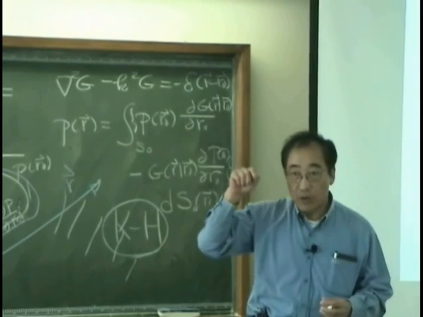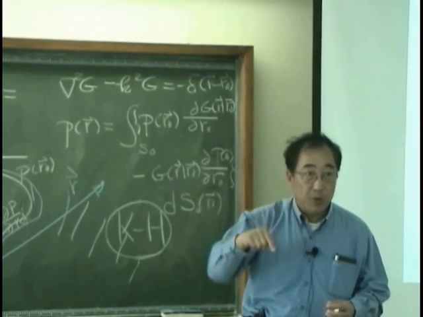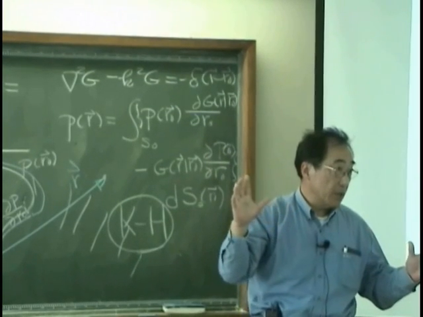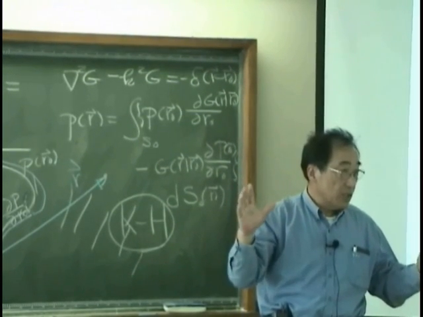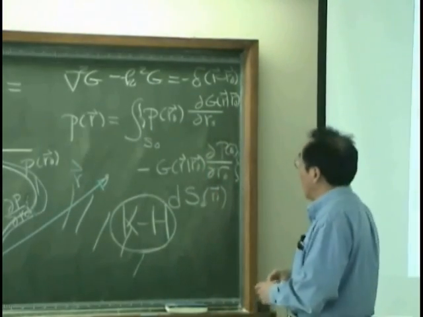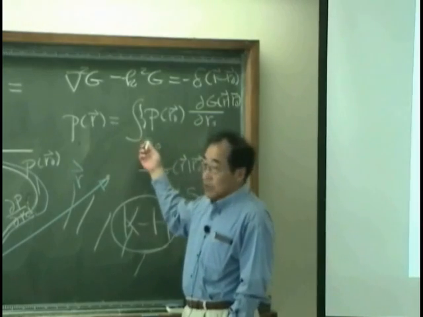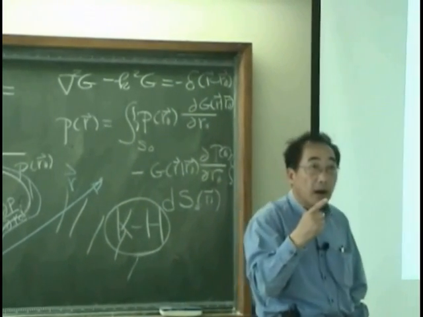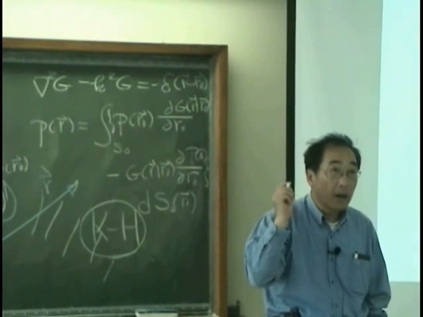When I put the impulse at r equal r0, the wave will be propagated, and that is the Green's function. Okay? So this is our objective.